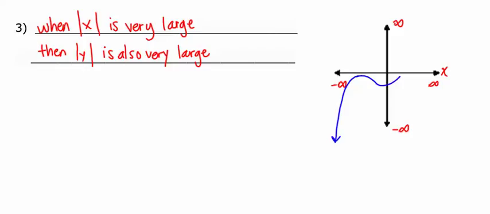It'll never do that because it's a function, so it'll always pass the vertical line test. But it does appear to get very, very steep. So here in this particular graph, as x gets very, very big, getting towards positive infinity, f of x is getting very, very large, heading towards negative infinity.